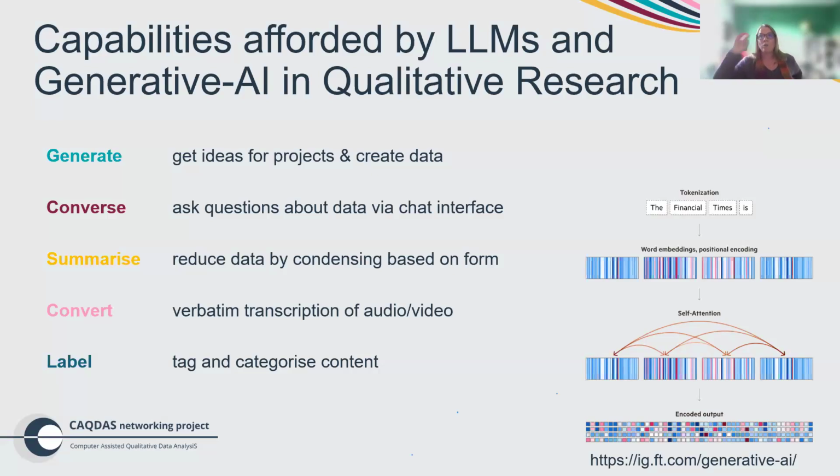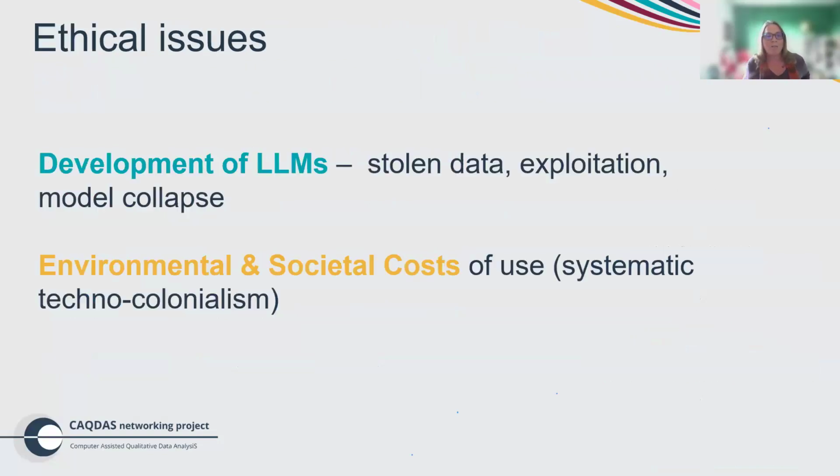But before we get on to that level of detail, I think it's really, really important to just say a few words about the ethical issues of using these kinds of technologies for qualitative research. Now, we could spend the whole of our time together talking about these. I'm just going to outline a few of the key ethical issues as I see them in the context of qualitative research.